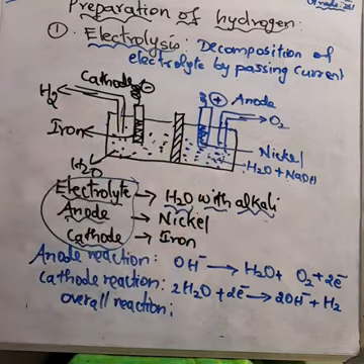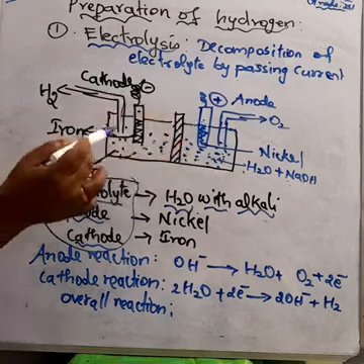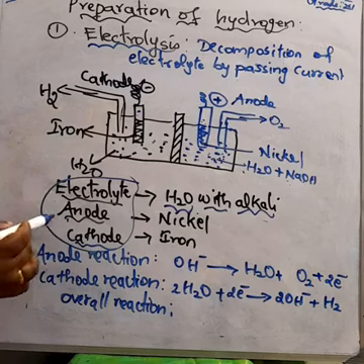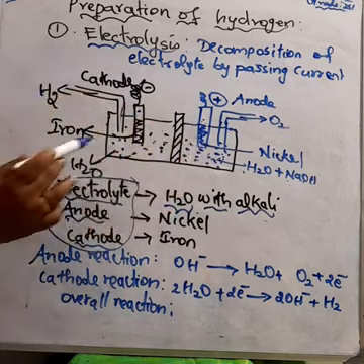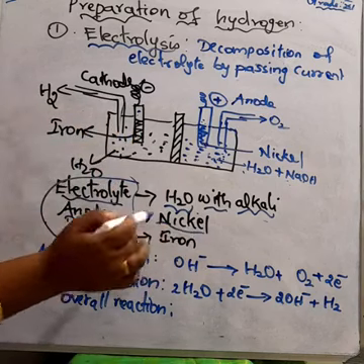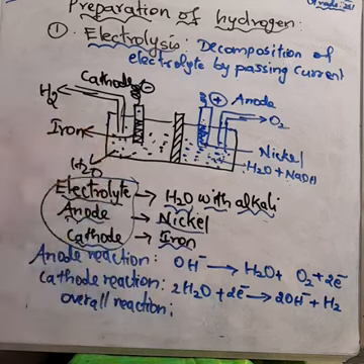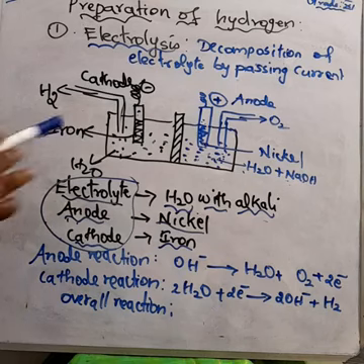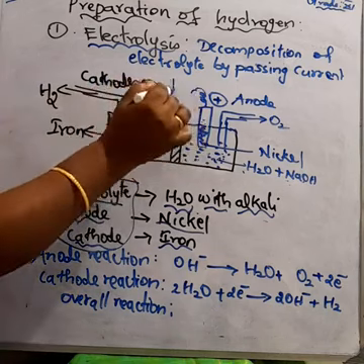What are the 2 electrodes? Anode and cathode. At the anode we are taking nickel, and at the cathode we are taking iron. So when we connect these 2 electrodes to a battery, current is passed through the electrolyte.